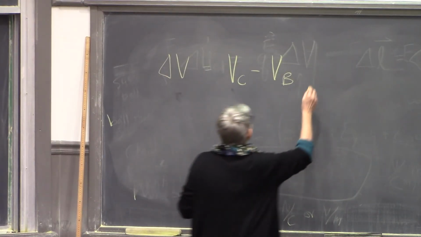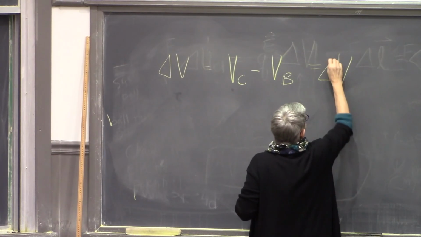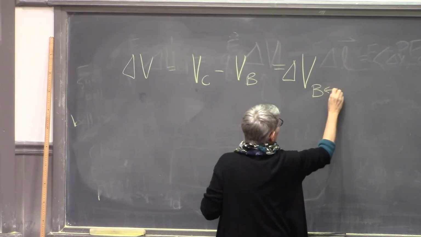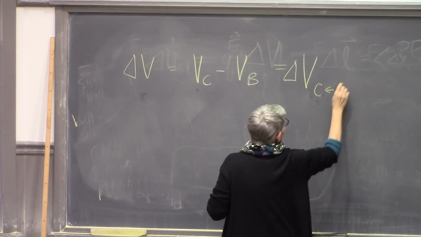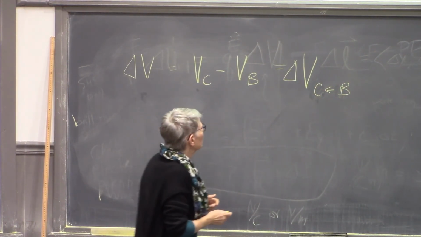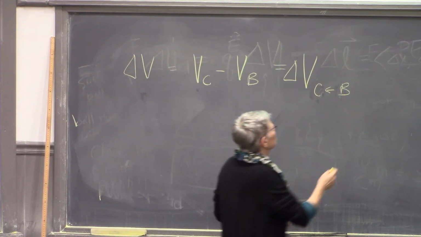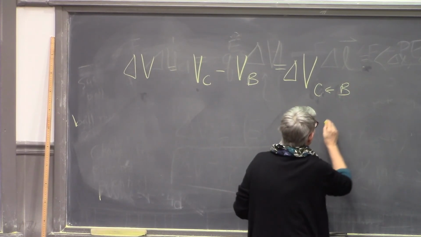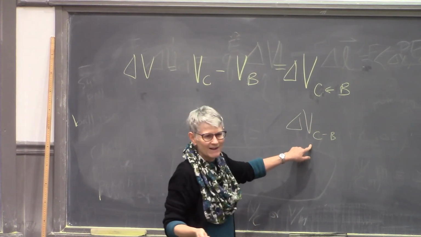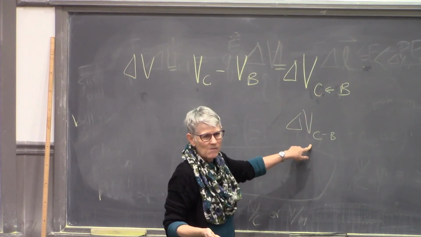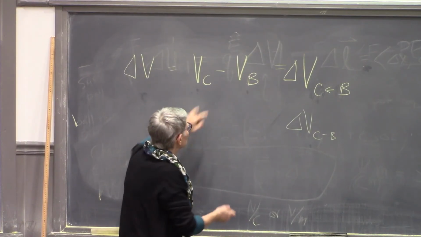And sometimes we write this as delta V, C with a little arrow to B. Why that order? Because if you forget the arrow and you write delta V C minus B, that's actually correct. So this is initial, that's final.